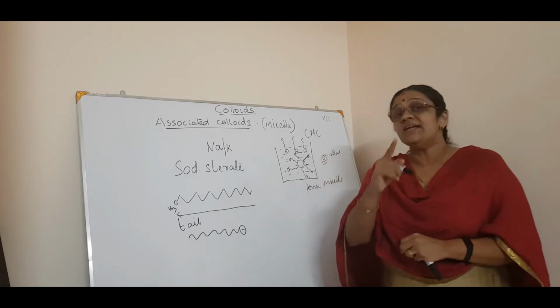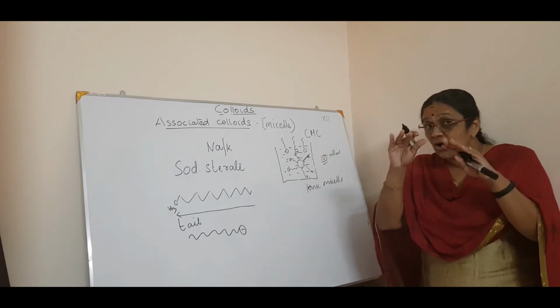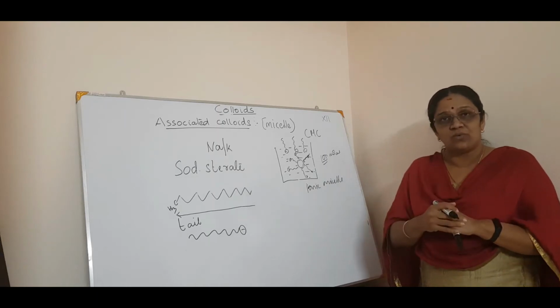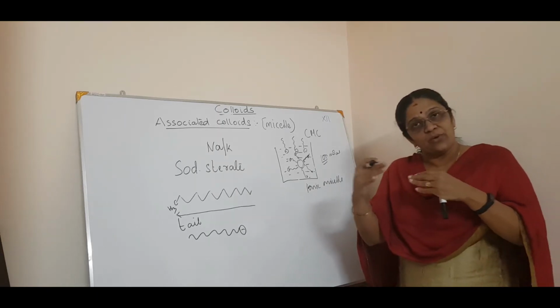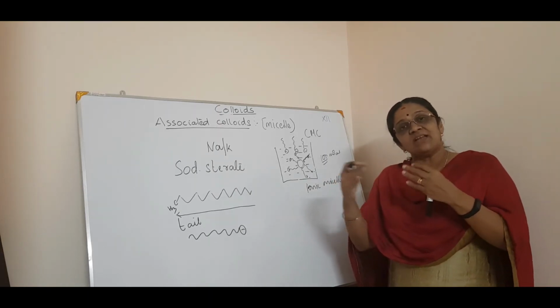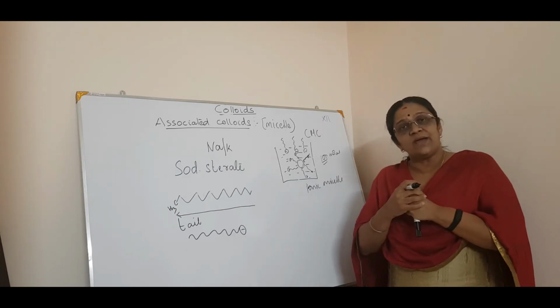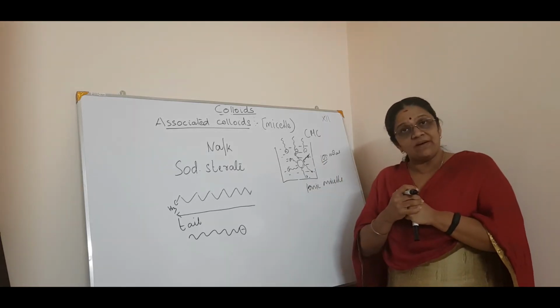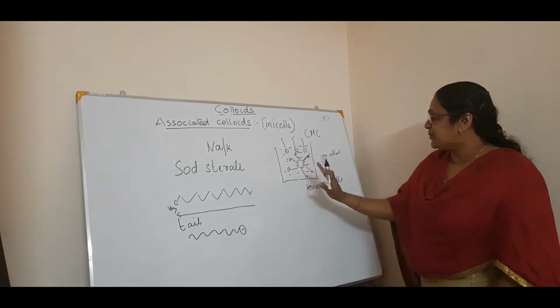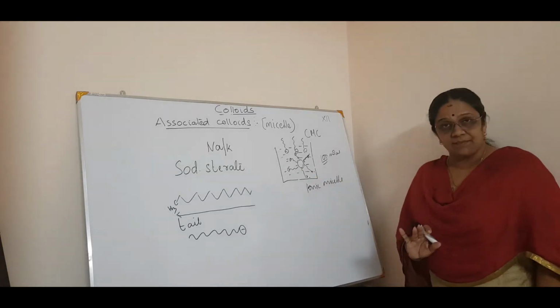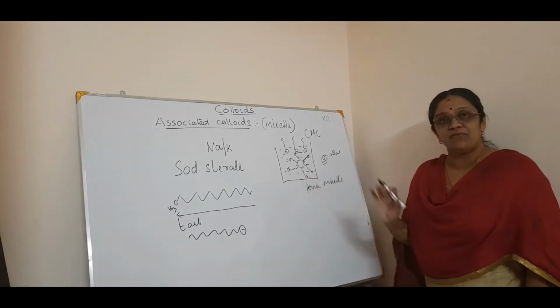That is why it is stable in nature, because it is not settling down. Due to this ionic repulsion it always has that movement. That is why these colloids are stable. So this is the mechanism of micelle formation.